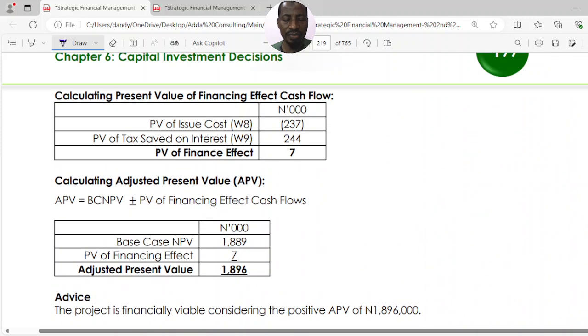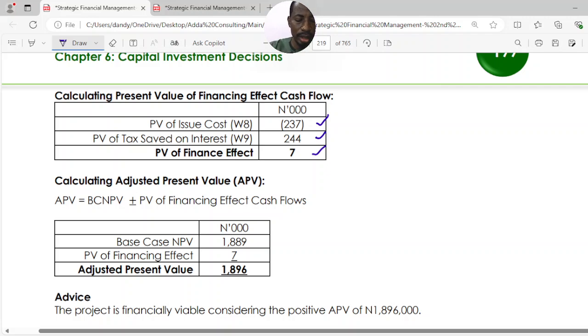Since I've already calculated the PV of issue cost to be 237, and the PV of tax saved on interest to be 244, the difference gives us the PV of financing effect cash flow of 7 naira. Therefore, the difference of 7 naira, we are going to add to the base case NPV of 1,889.